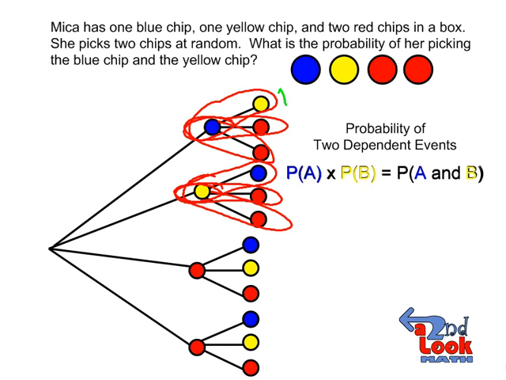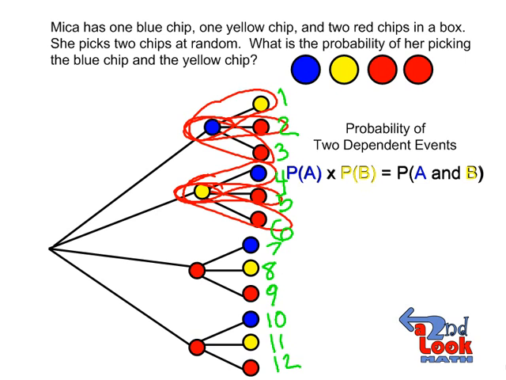1, 2, 3, 4, 5, 6, 7, 8, 9, 10, 11, 12 possible combinations.